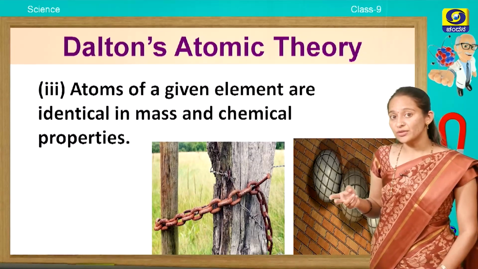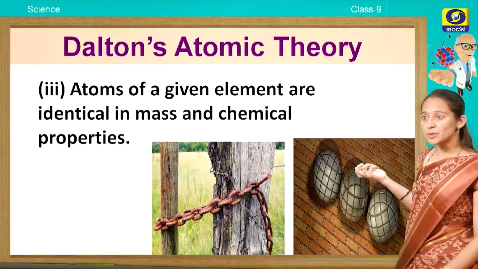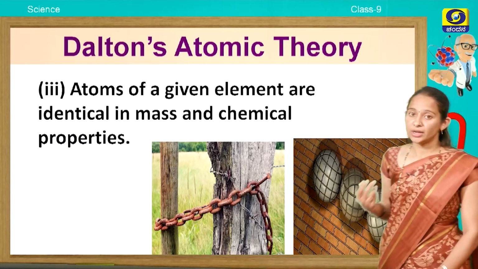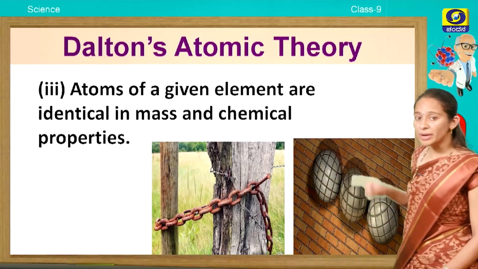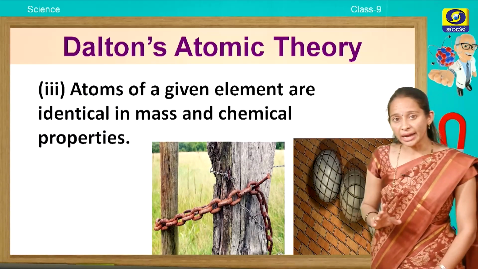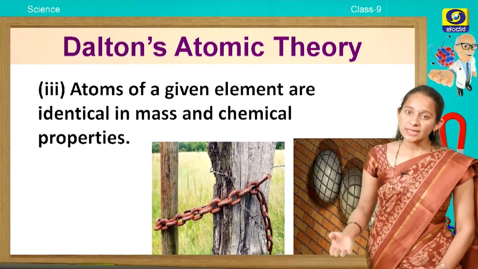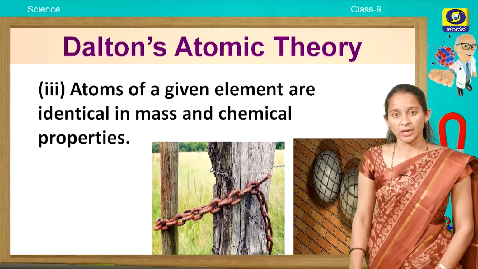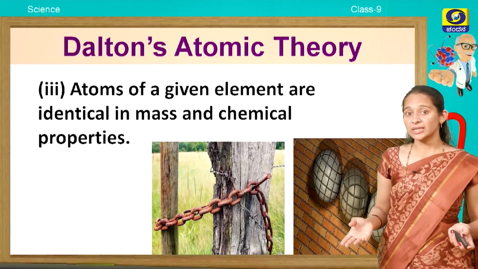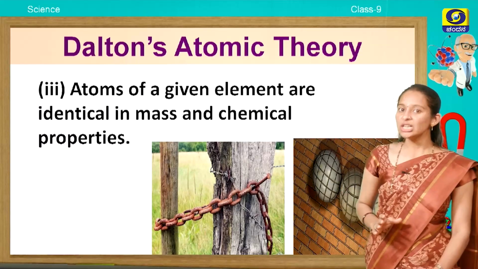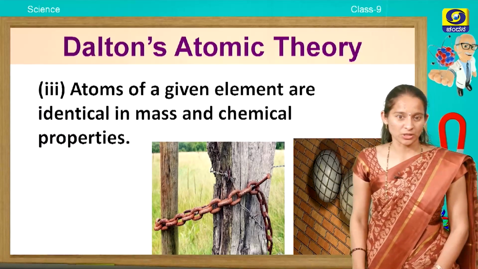Is there any difference in the nature of the atoms present in the iron ball and the iron chain? No. In both the materials, iron atoms are of the same mass and have the same chemical properties. So, whichever the material is, a given element will have identical mass and chemical properties.